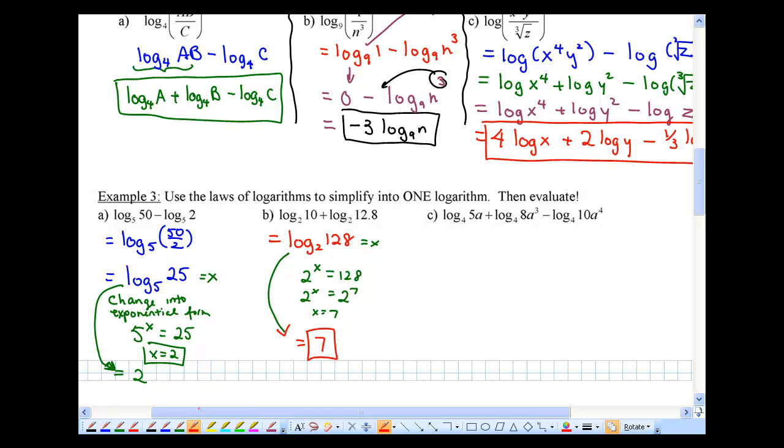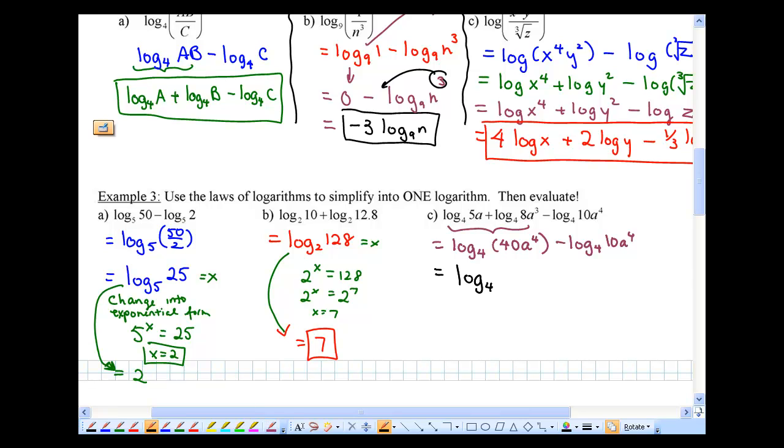Last one's a little more difficult, because there's more things, but nonetheless, let's combine those together. So log base 4, 5a and 8a cubed. That just becomes 40a to the power 4. We got minus log base 4, 10a to the power 4. Of course, the subtraction here means we can do division.